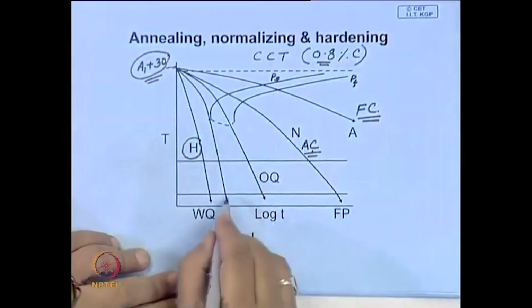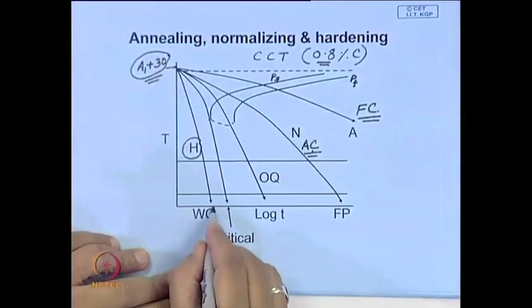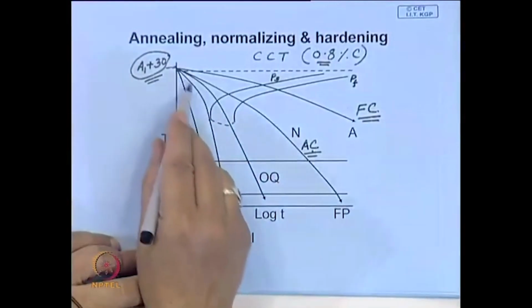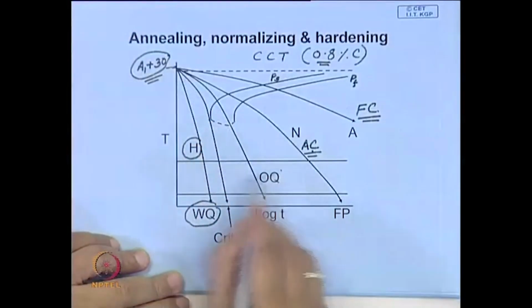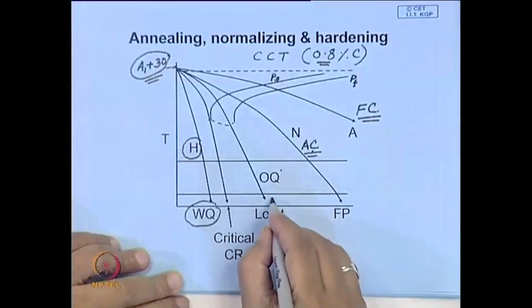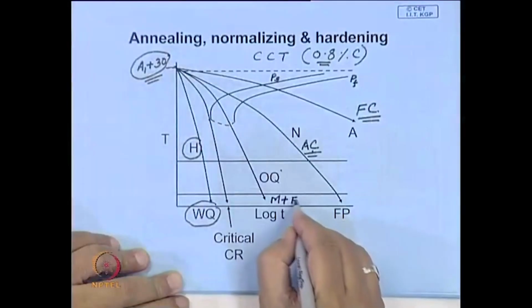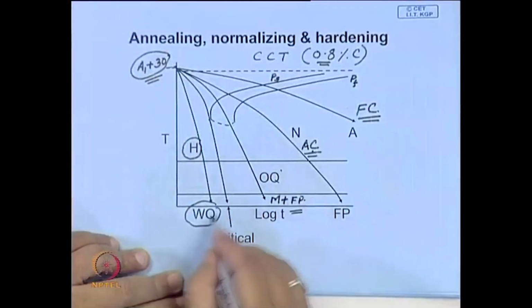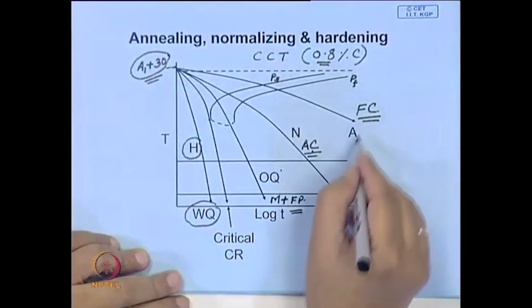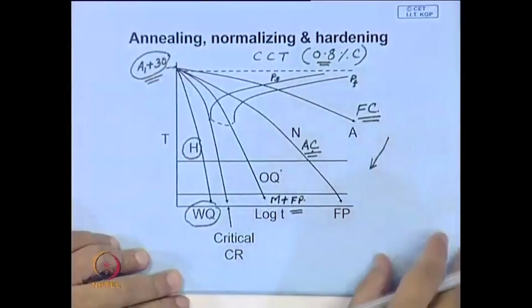But what is important, to get a hardened structure, your cooling rate must be greater than the critical cooling rate, as in water quenching. If you quench in oil, you may not attain that kind of cooling rate, then you get a mixed structure of martensite plus fine pearlite. As you go this way, the structure becomes finer and strength goes on increasing.